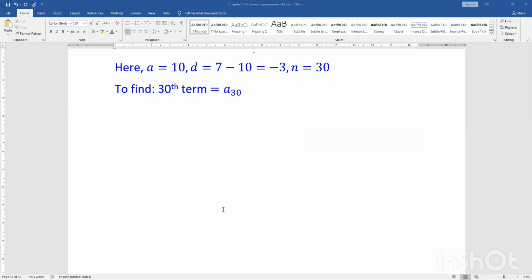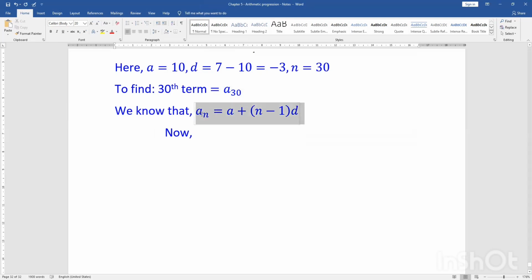Now we write our formula as usual. We know that an equals a plus n minus 1 into d. Wherever n is there, substitute 30. So n I write as 30.